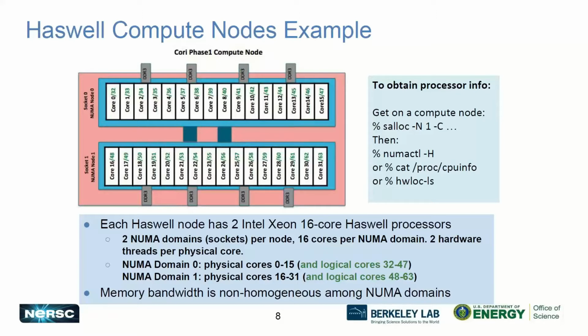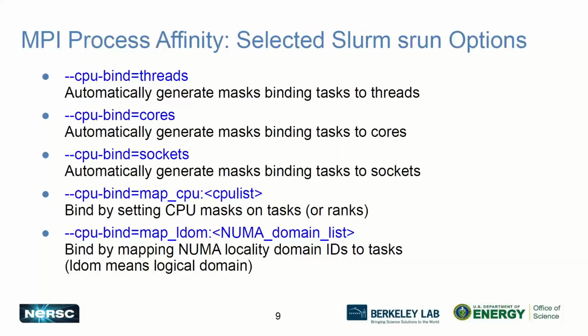The green numbers are the logical cores for each core. 0 and 32 are 2 logical cores within physical core 0. That means there are 2 hyperthreads within this physical core. And there is memory attached to each of the NUMA domains. These numbers are useful later when you have the affinity information displayed; you want to check back with these numbers to confirm that you're getting the correct affinity.